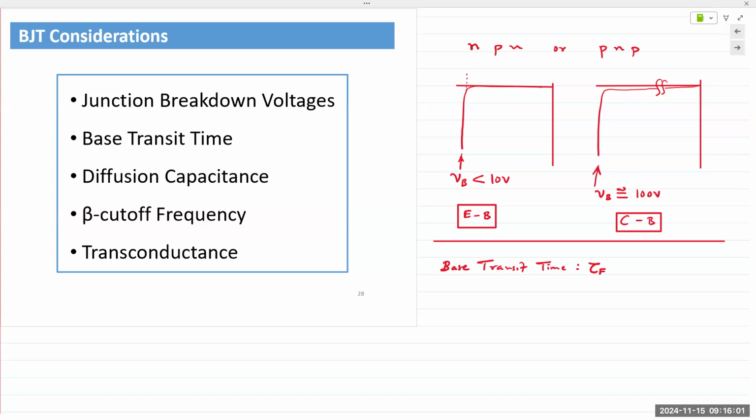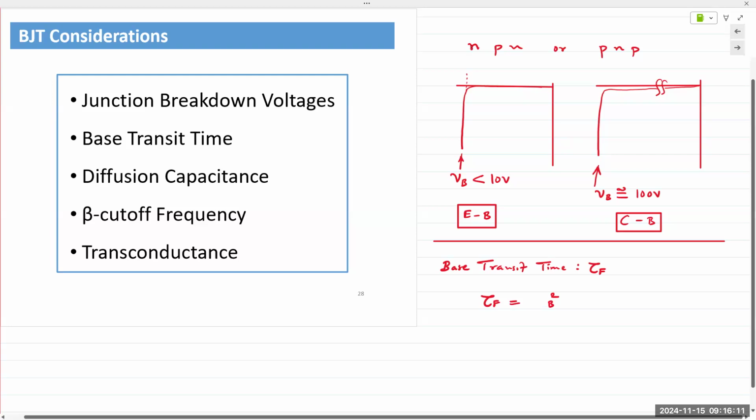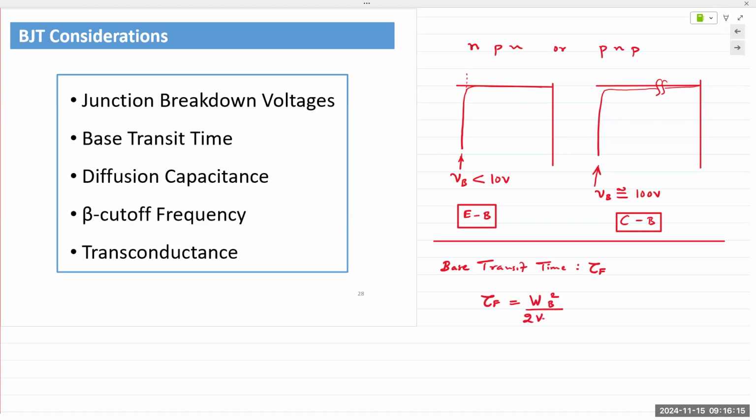And tau f can be given by WB squared over 2 Vt mu n.